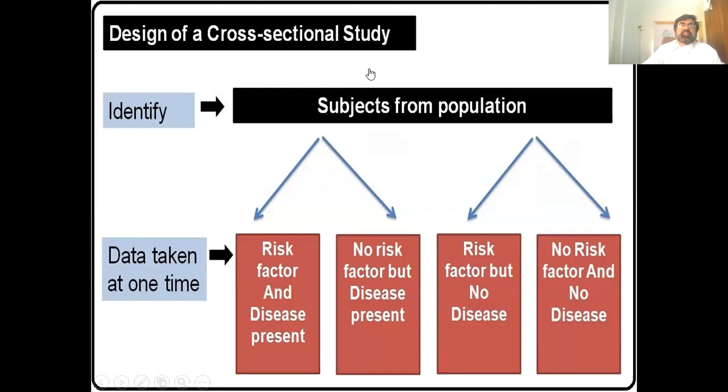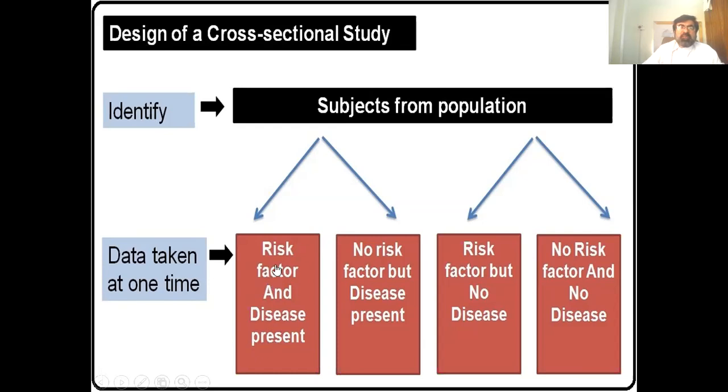Design of a cross-sectional study: first you have to identify the subjects from the population, and then there may possibly be 4 groups. Data is taken at one time. When you take the data from an individual, the person may have both the risk factor and the disease present.